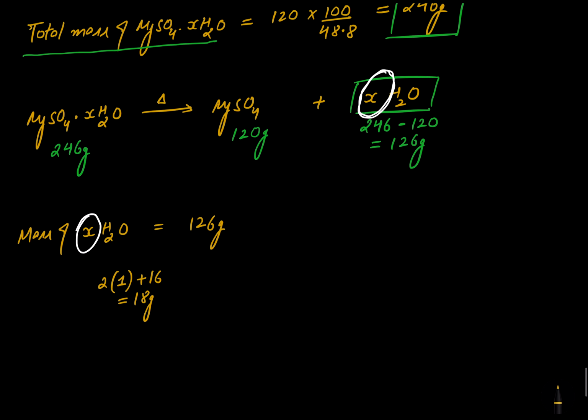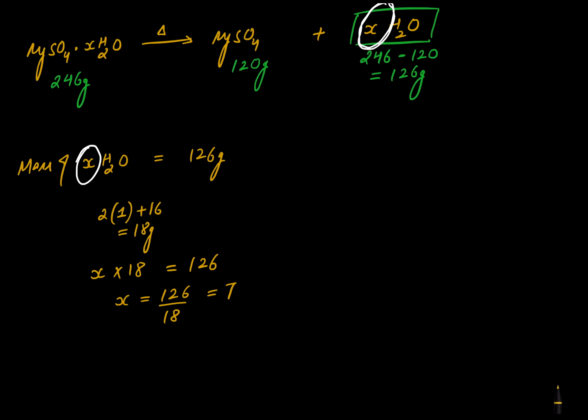That means X into 18 will be equal to 126. So my X comes out to be 126 divided by 18, and it comes out to be 7. That means the value of X is 7.